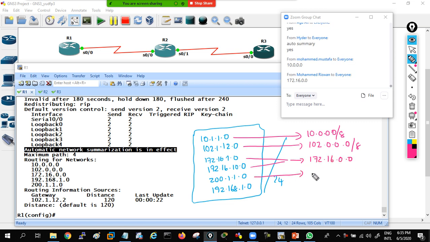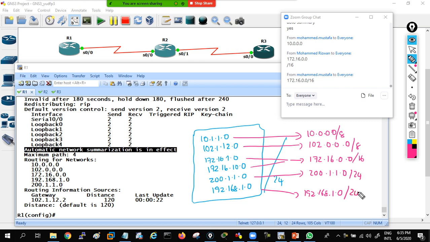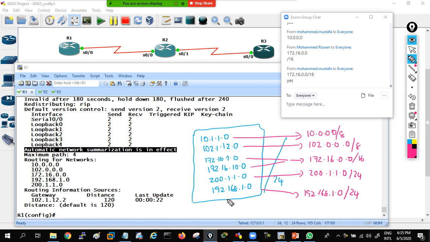And 200, this one will go normal, right? There is no problem. And this one will go normal, right? Do you understand, everybody? Are you ready to see that? Mr. Raghavan, do you understand this? Whenever you don't type auto summary, what is the impact? Everybody want to see that? Now I removed it because I enabled auto summary.